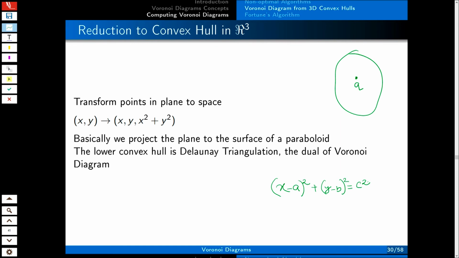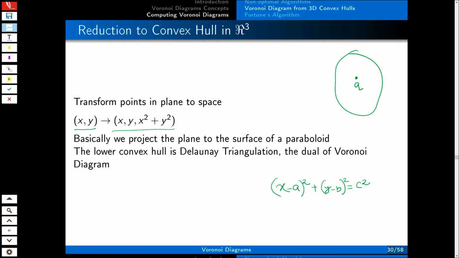How am I projecting? I have a point x, y in R2. I am creating a new point x, y, and the value of the z coordinate is x square plus y square. This is just a definition.